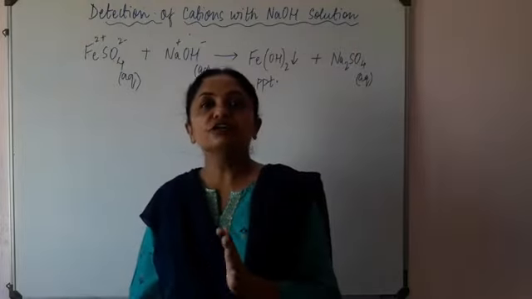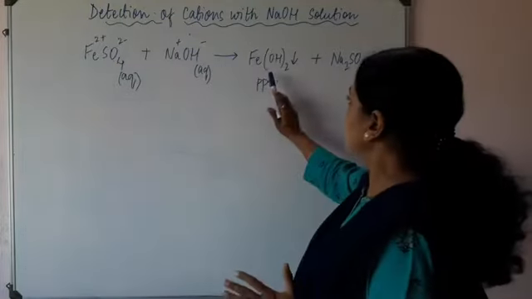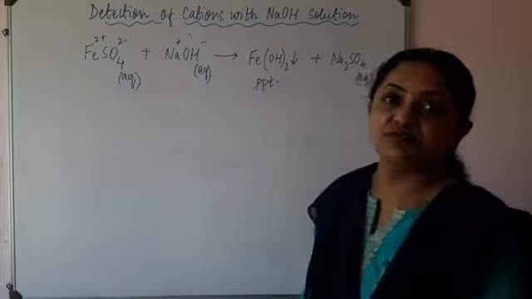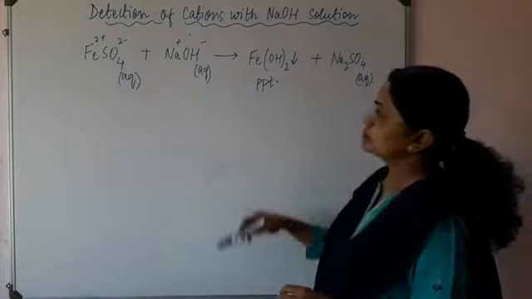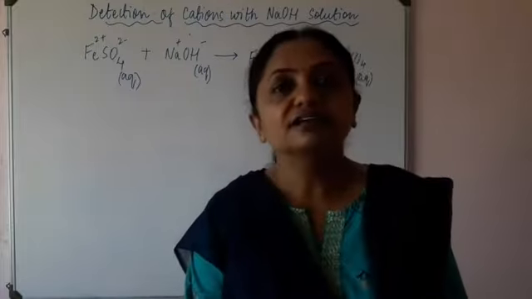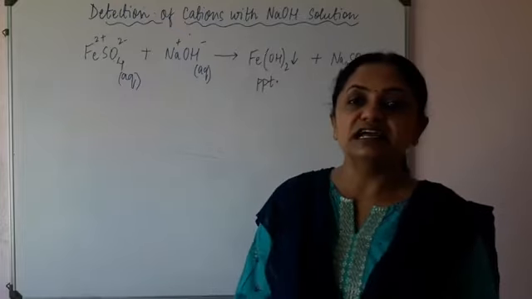And by this we are able to identify that the cation present is ferrous. So this is what a precipitation reaction is.